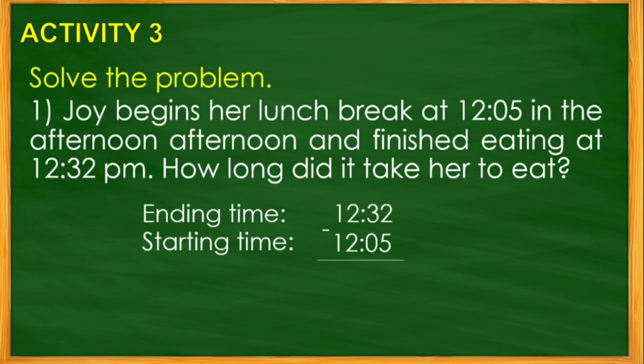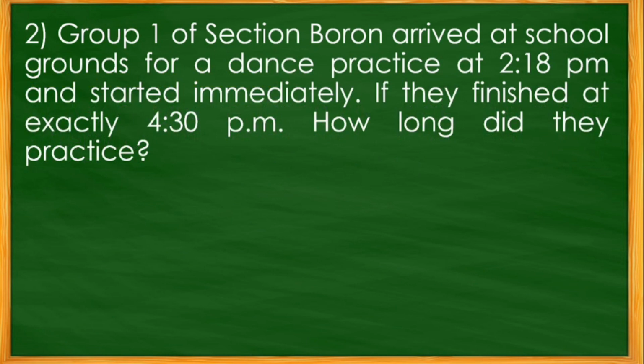And then for number 2, group 1 of section Boron arrived at the school grounds for dance practice at 2:18 p.m. and started immediately. If they finish at exactly 4:30 p.m., how long did they practice?